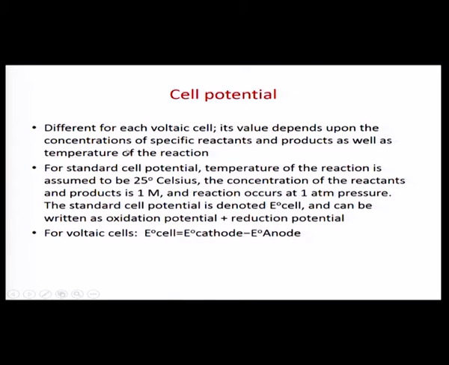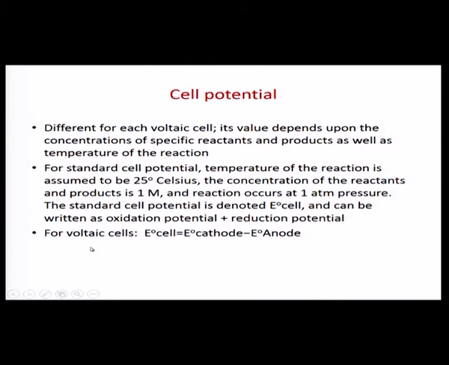Usually the standard cell potential is taken at 25 degrees Celsius as the standard temperature for an electrochemical reaction. If the concentrations of the reactants and products are kept at 1 molar and the reaction occurs at 1 atmospheric pressure, the standard cell potential, usually denoted by E naught, can be written as oxidation potential plus reduction potential.